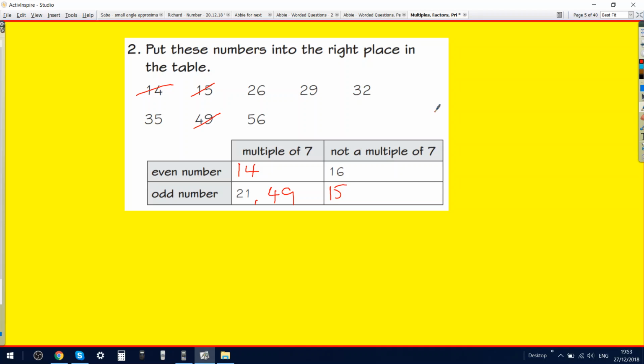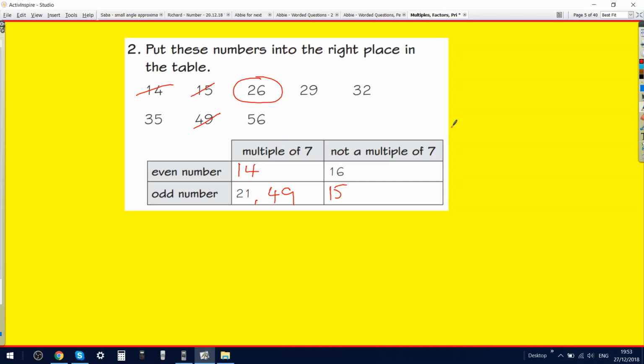And is there an even number that's not a multiple of 7? I don't think 26 is. Wait, 7, 14. Wait, it is. Yeah, it is one. So that would go in where 14 is.